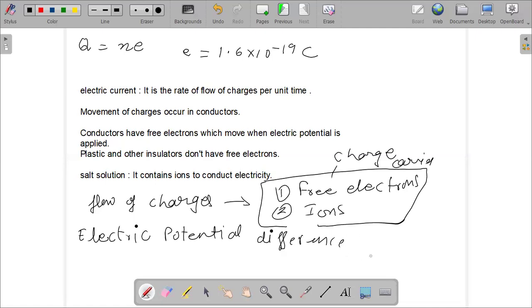There should be an electric potential difference between the two points. There should be free ions or there should be free electrons.